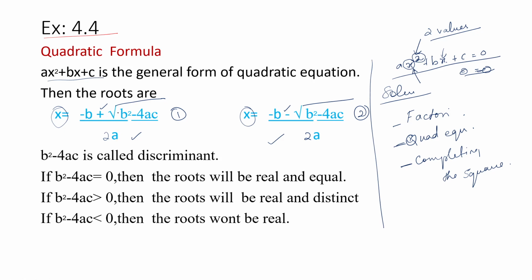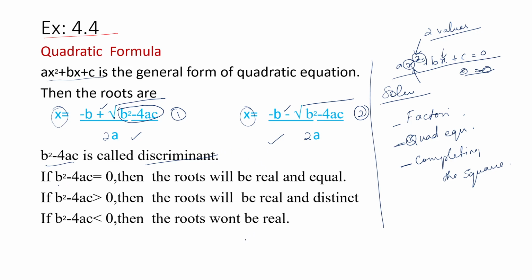Now, the expression b square minus 4ac inside the square root is called the discriminant. On examining b square minus 4ac we can find how the roots will be: real and equal, real and distinct, or not real.